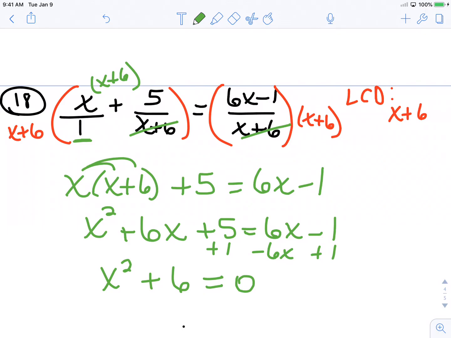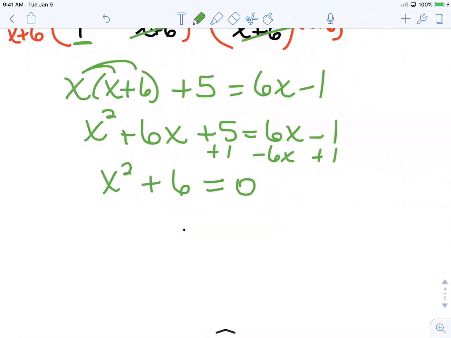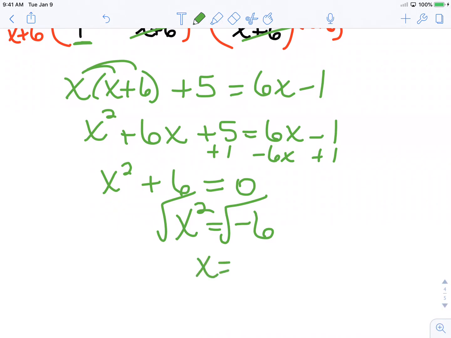So we end up with x squared plus 6 equals 0, which if we continue to solve, taking the negative 6 to the other side, we take the square root of x squared to get x by itself, we end up with the square root of negative 6. Well, the square root of a negative number is an imaginary number, so that means there is no solution. We're only looking for the real solutions here. So you can't take the square root of a negative 6, that means we don't have a solution.